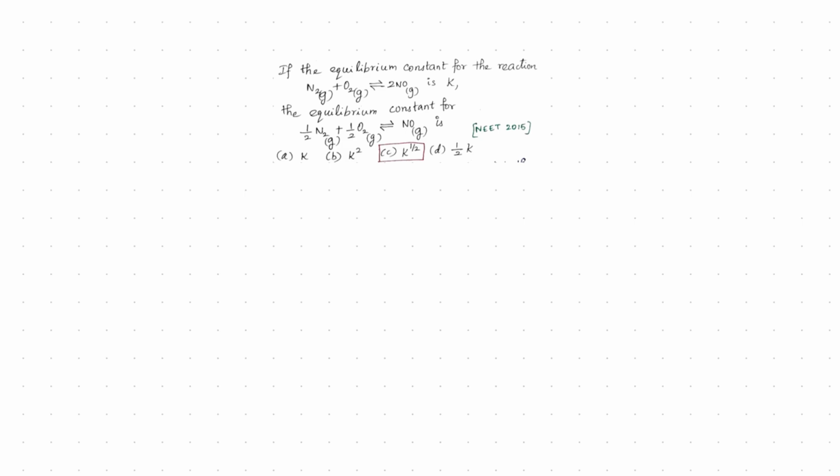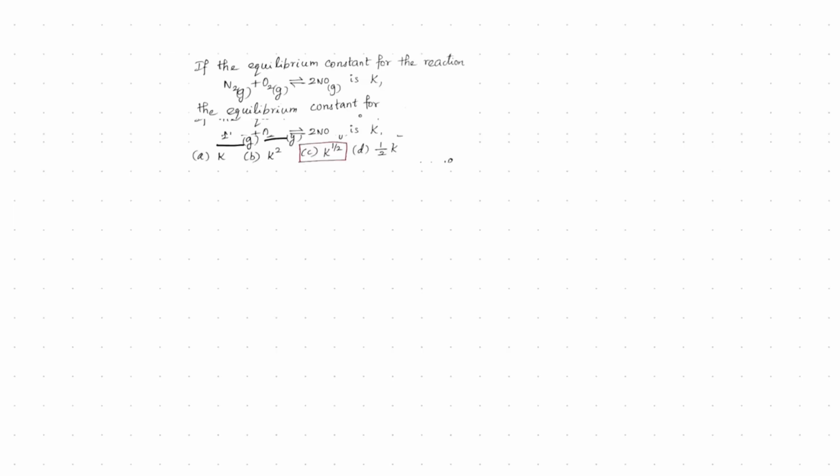This question is about rearrangement of equilibrium constant. So, if the equilibrium constant of the first equation is K, then for the second equation, what is the answer? K^½. If you multiply throughout by a coefficient, you raise the equilibrium constant to the power.